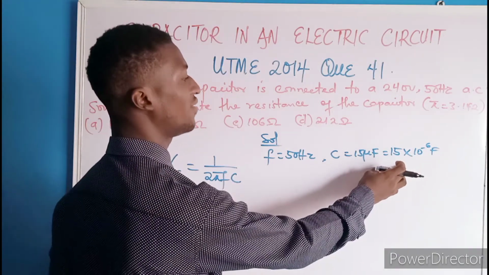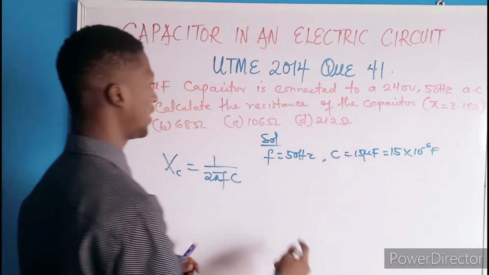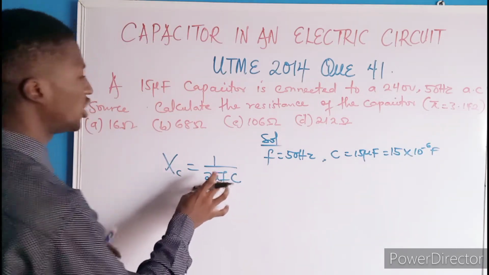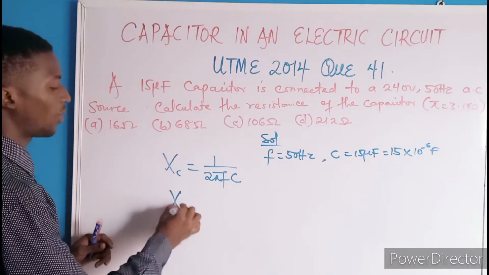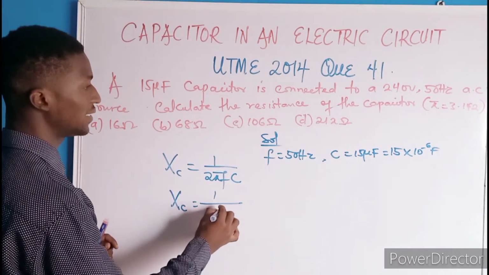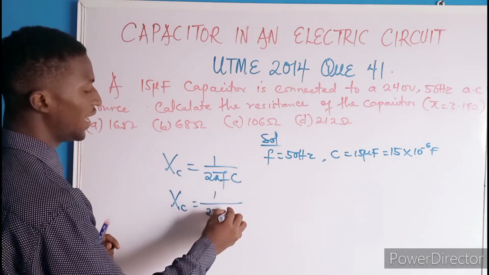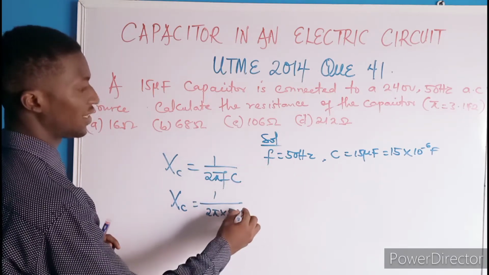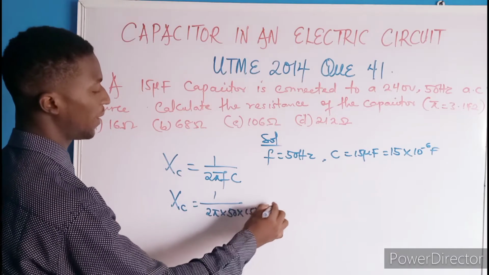So bringing this into the equation, our Xc is equal to 1 over 2 pi times F, which is 50, and C, which is 15 times 10 to the power minus 6.